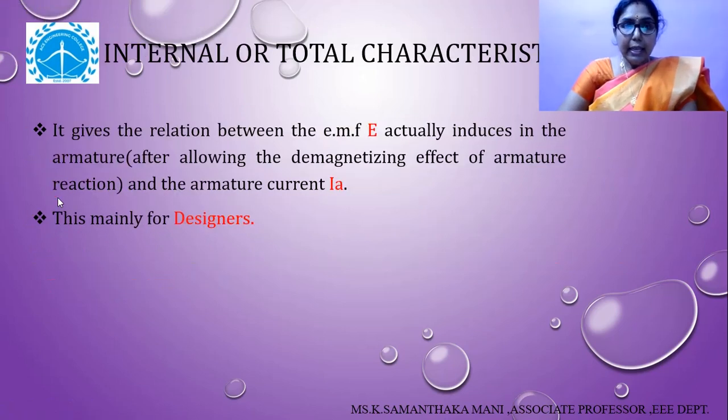But in the internal characteristic curve, after deducting the demagnetizing effect of the armature reaction from E naught, we get capital E. This internal characteristic curve is drawn between E and the armature current IA, and its main purpose is for the designers designing a particular DC generator.